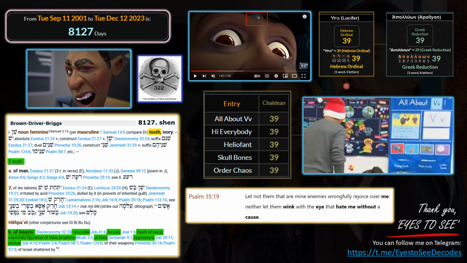And we see here that in Hebrew gematria, the Hebrew spelling of the word Lucifer from Isaiah sums to 39, as well as the Greek spelling of the word Apollyon, another name for Lucifer and Satan in the New Testament, that also sums to 39.